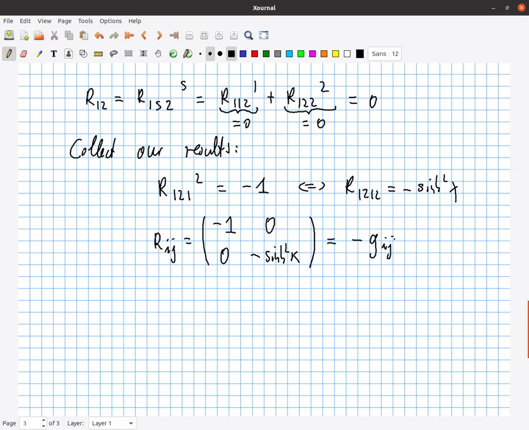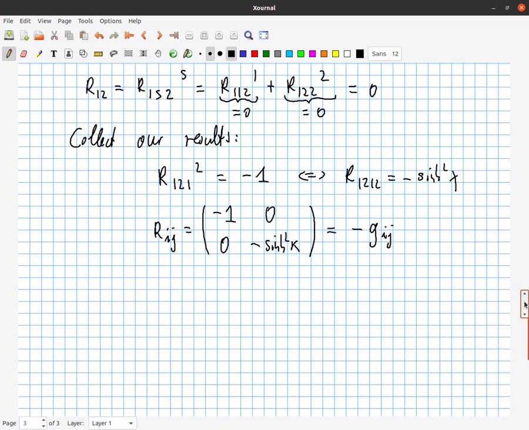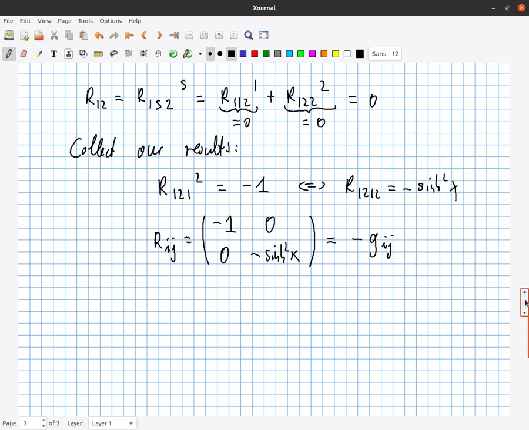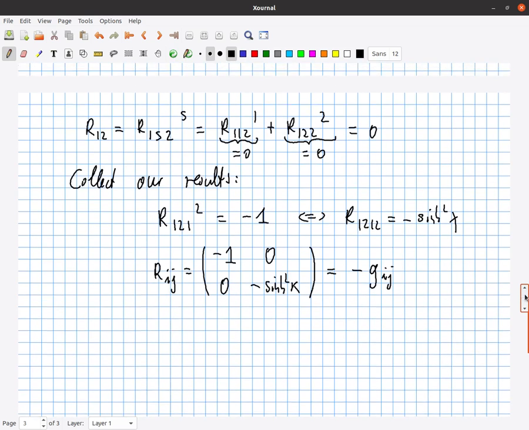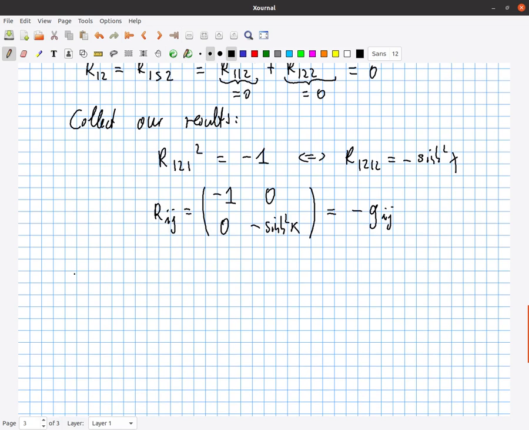These are very special spaces. In this case, we are talking about a space of constant curvature, in particular a space of constant negative curvature. Because we know the Ricci tensor explicitly, we can also compute the Ricci scalar.